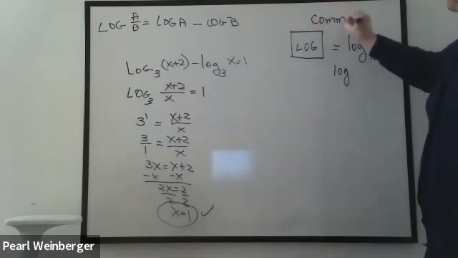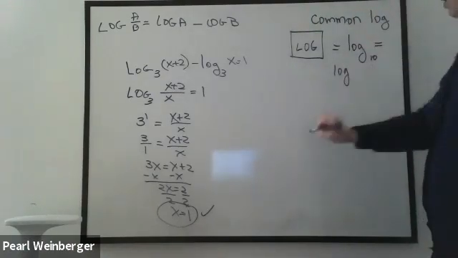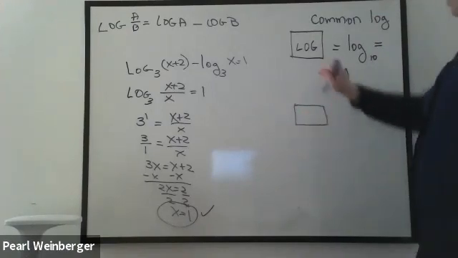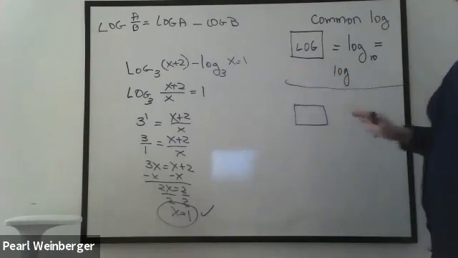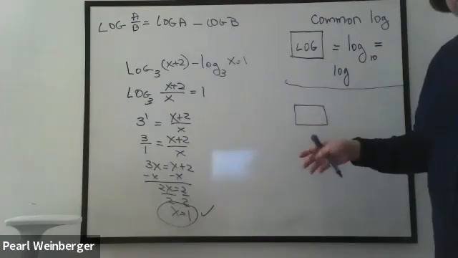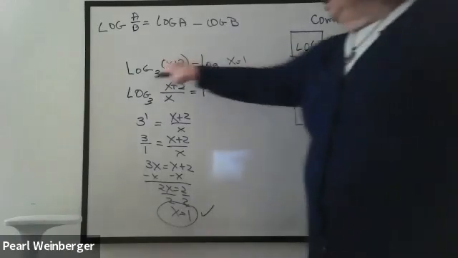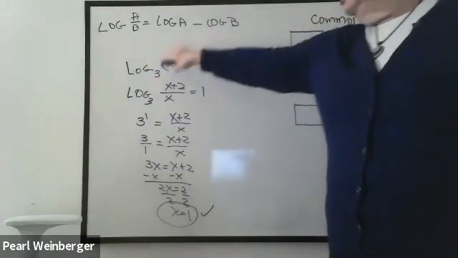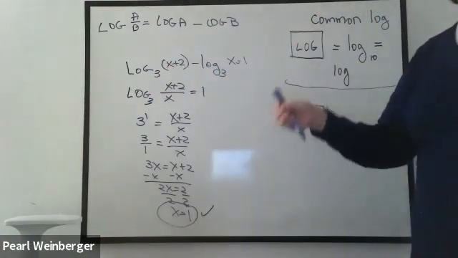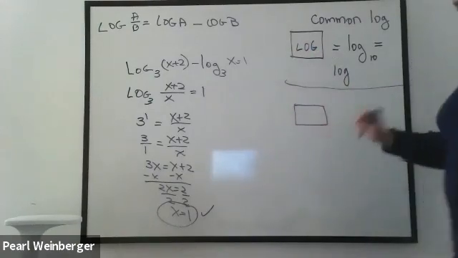It's what's called a common log. I'm sure you'll see on the final, certainly on the practice final, some equations where there was no base written in. You have to understand if no base is written in, the base is 10.